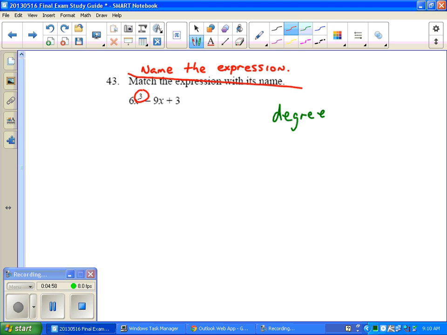Its highest exponent is 3, so its degree would be called cubic, because 3 means cubic, and then you also name it by its number of terms. And there's 1, 2, 3 of them, so it is a trinomial. So your answer would be cubic trinomial.